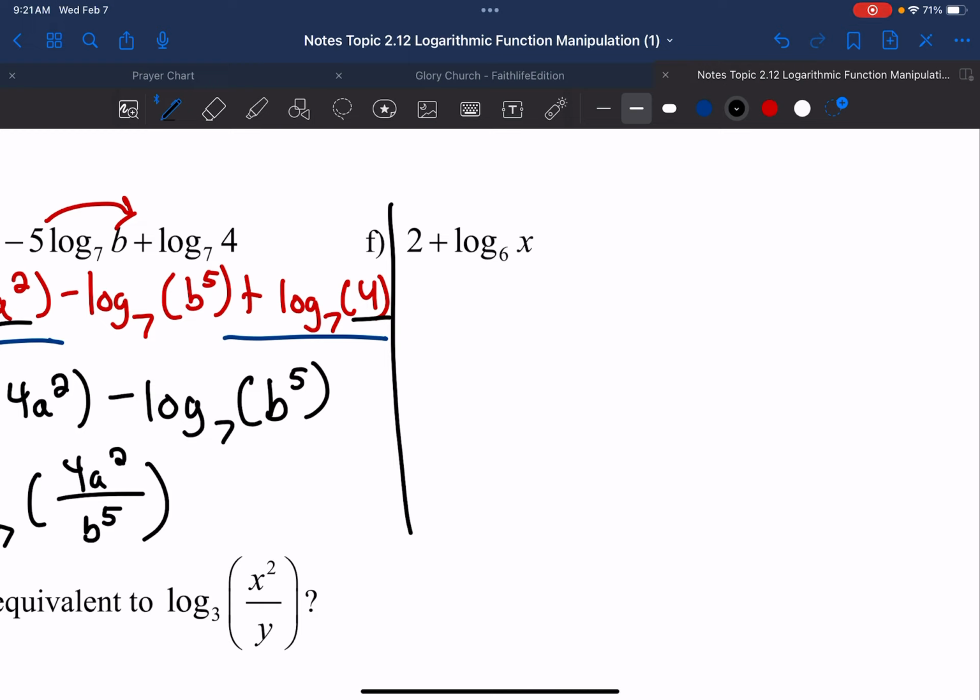2 plus log base 6 of x. And the weird thing here is I've got to rewrite this in terms of log base 6 because this and this need to match. So I'm thinking, okay, so the answer is 2.